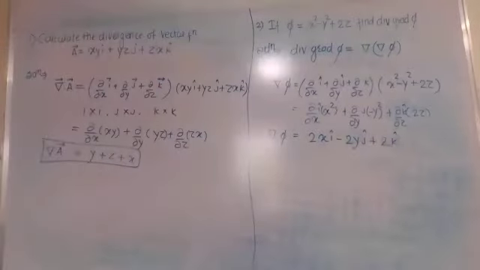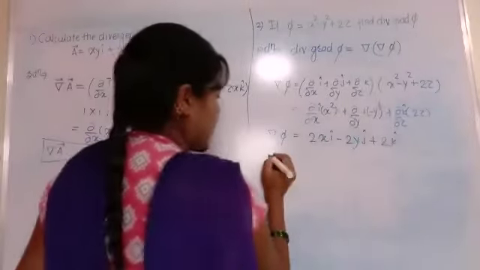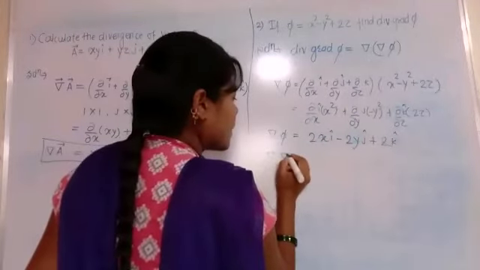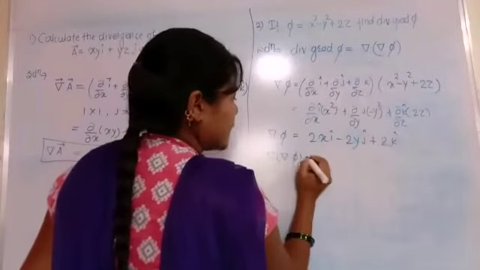But we have to find the divergence of grad phi, which means we have to put the value of the operator again and solve again. So we find the divergence of this grad phi.